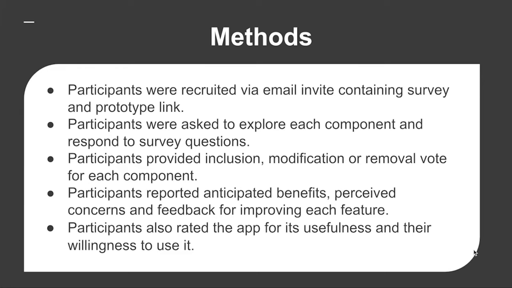They then reported anticipated benefits of each feature and any concerns that they were seeing in using it, and they also were provided feedback on how to improve each feature. And then finally, participants rated their willingness to use the app and their perception of the app's usefulness on a Likert scale.